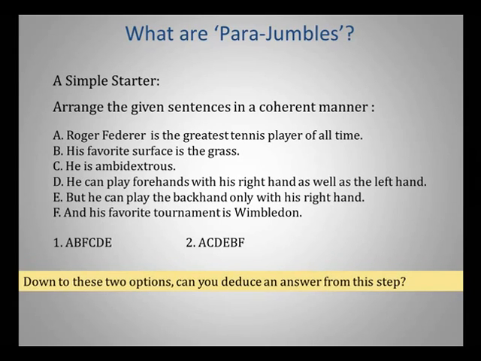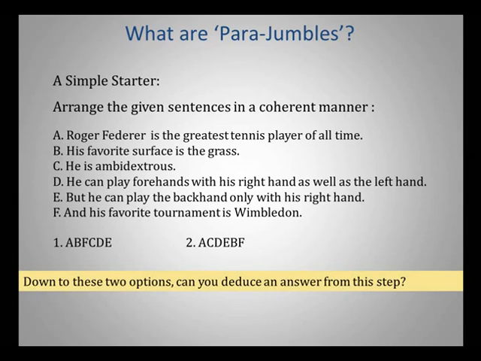We are talking about Roger Federer, who is the greatest tennis player of all time. The second approach after identifying the obvious opener is identifying the pairs. We call them mandatory pairs. Mandatory is something which is necessary, which is compulsory. Here we are referring to a set of two or more statements which will always come together, and that too in the same order. So let's see which pairs we can find here.